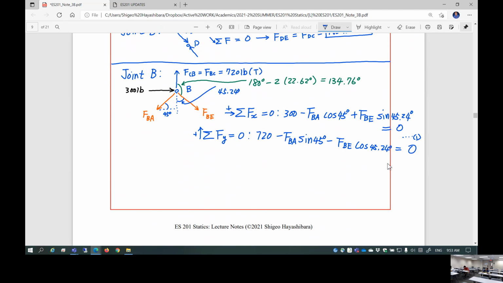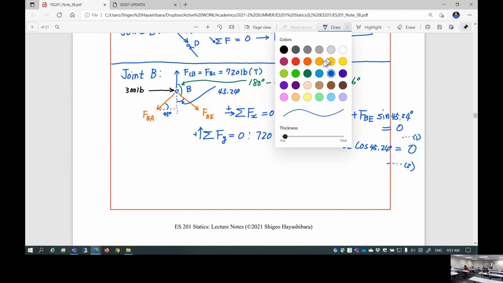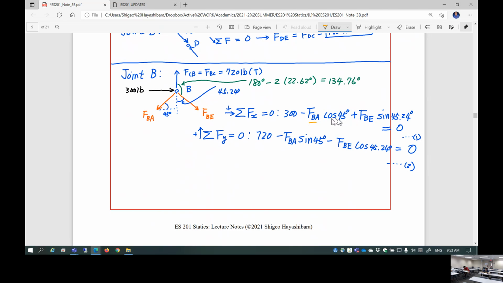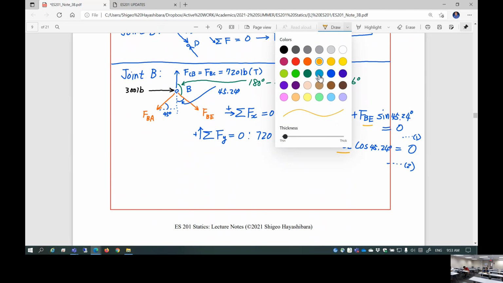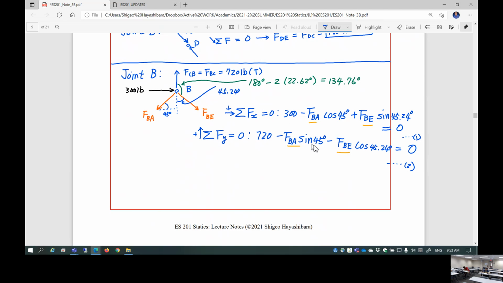Again, this is equal to 0. This is equation 2. So equation 1 and 2 contain 2 unknowns, FBA and FBE. So you're going to simultaneously solve these two equations.